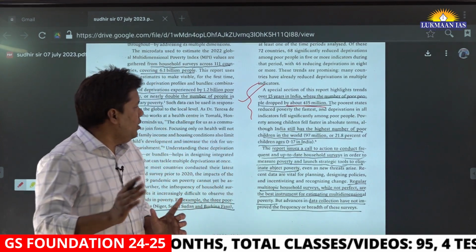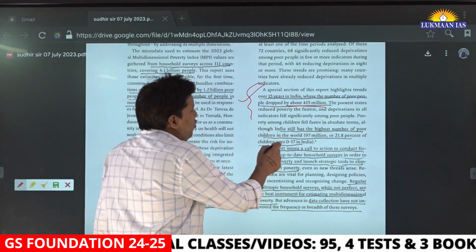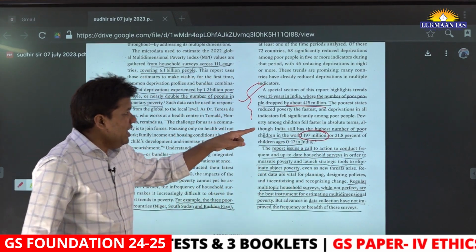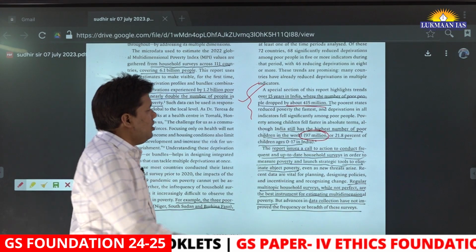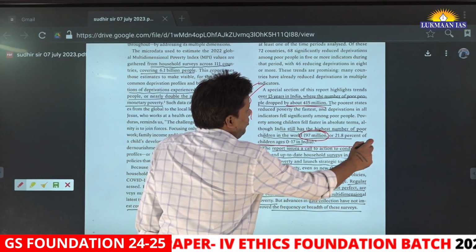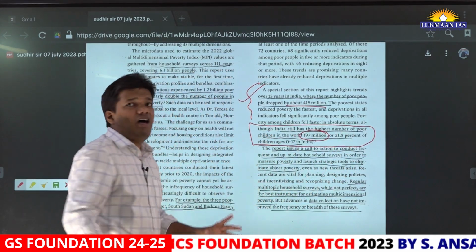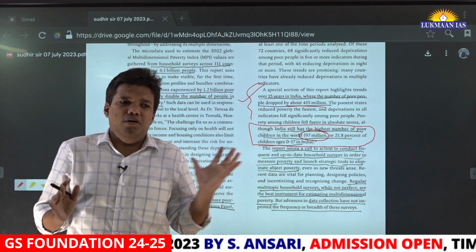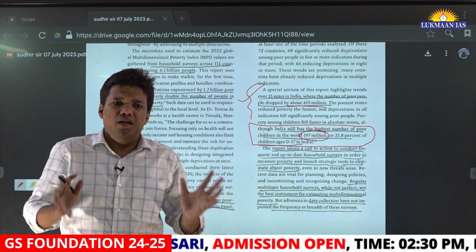But, and this is important, almost 97 million Indian children are still living in poverty. And this is the highest in the world. So, you have to understand the gravity of this data.